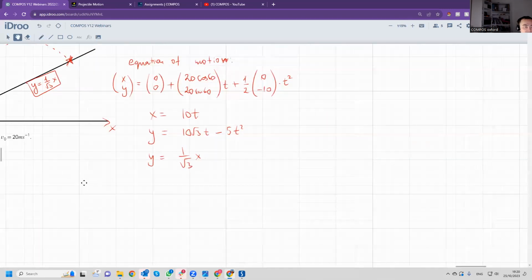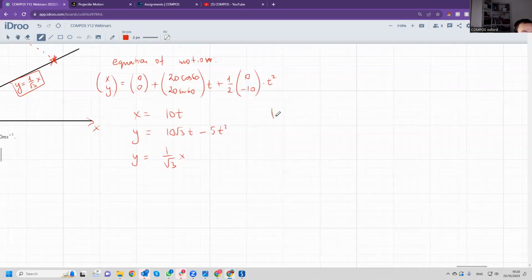Oh, that's nice. So we can use t equals x over 10, and y is 1 over square root of 3 x, which is 10t divided by square root of 3.